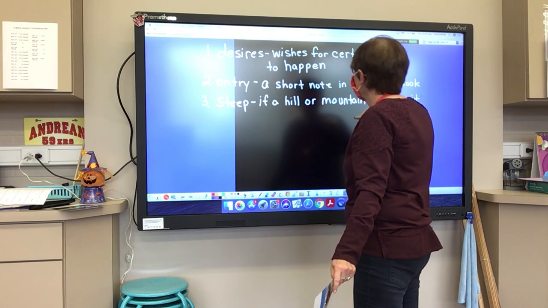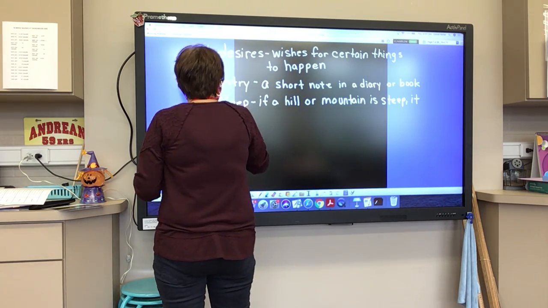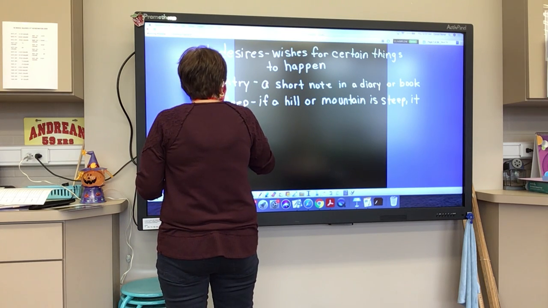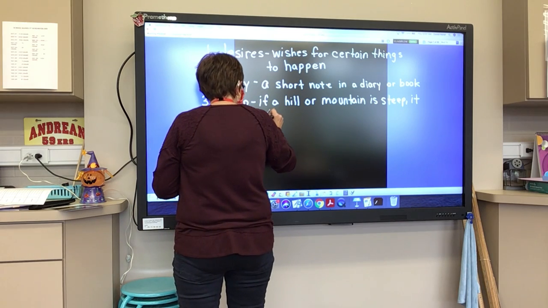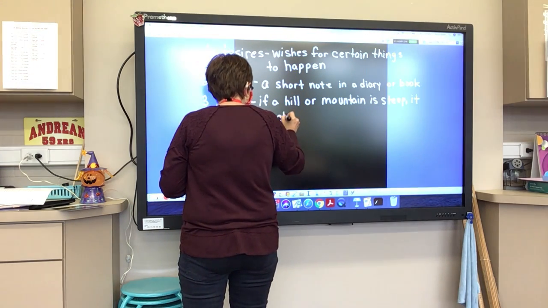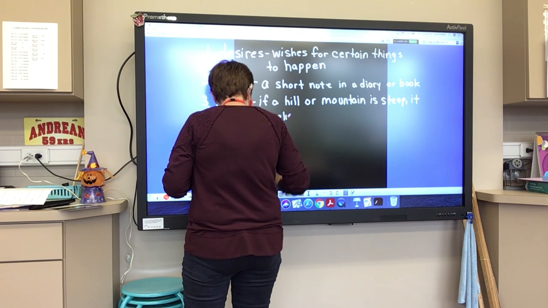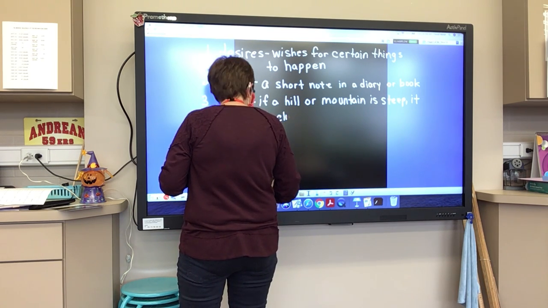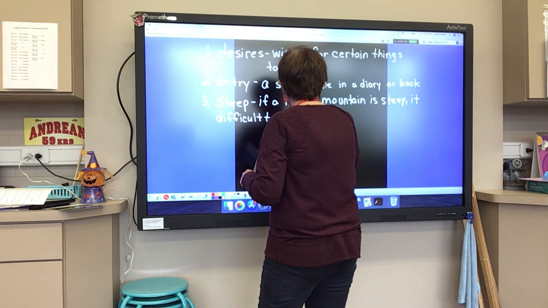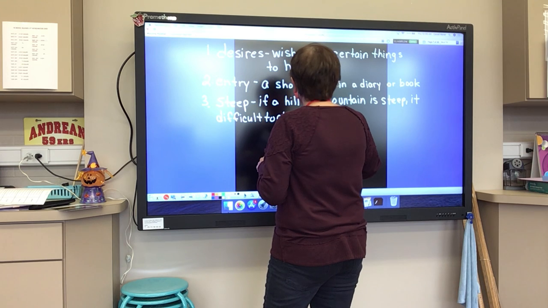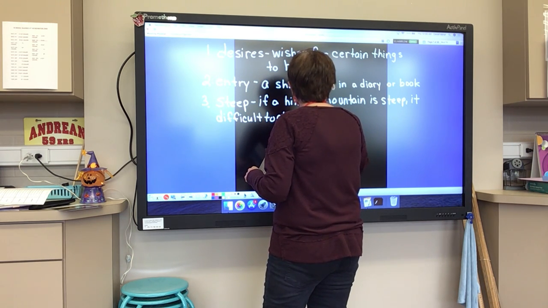Okay, so we're going to say if a hill or mountain is steep, it is difficult to climb because it goes almost straight up.